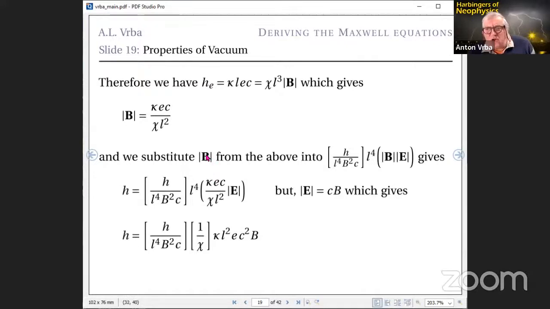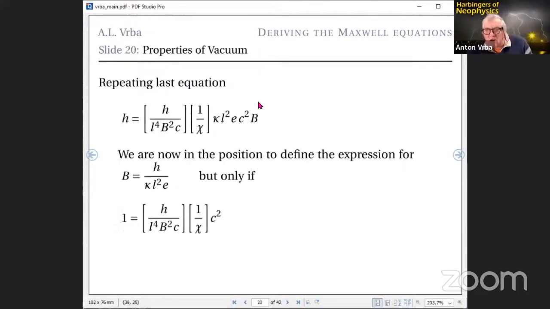And we substitute this B into here, which gives us this equation. But we know that E equals CB, which we now introduce in here, which gives us this equation here. It's simple substitution, nothing fancy.